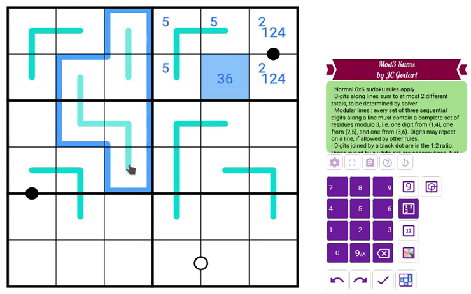Then they would have to sum to 18, and both would have to, indeed, be the same total.